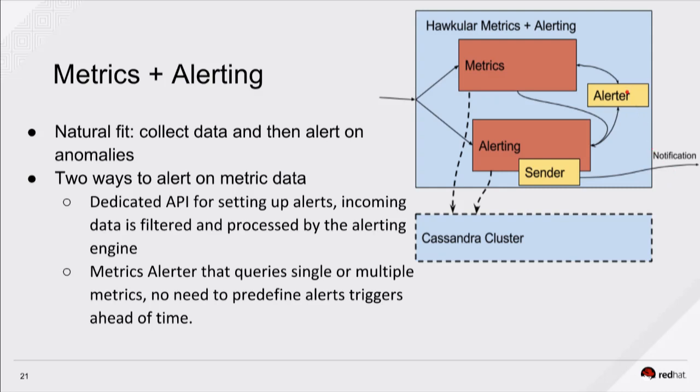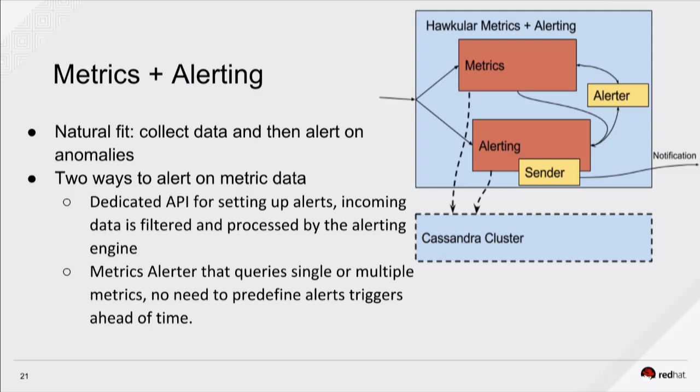If you are not sure what to do, then you can use the metrics alerter, where you say, well, I'm just looking globally for the average of the CPU utilization for all the servers for the past hours. Data doesn't come in if you look for the past hours, right? Data is already in, already persisted.